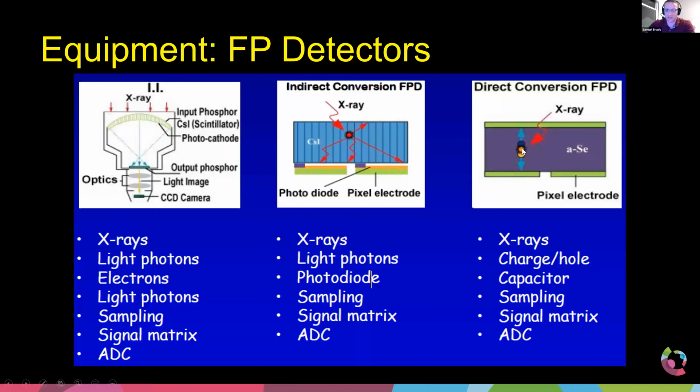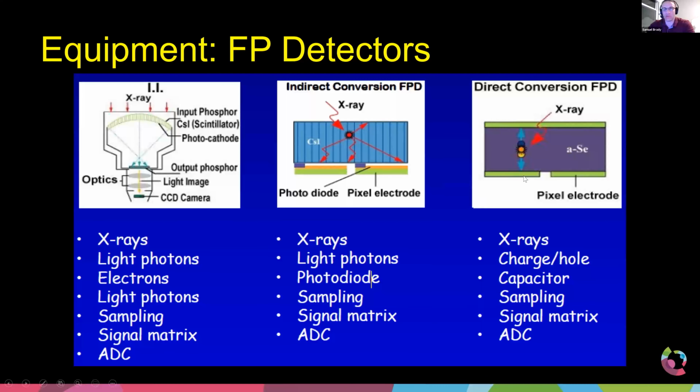The X-ray comes in, it interacts with the structure, the amorphous selenium, and you get an electron that goes to one end, and a lack of electrons will accumulate on the other end, and that creates electricity, creates a charge, and that charge is what we measure out.